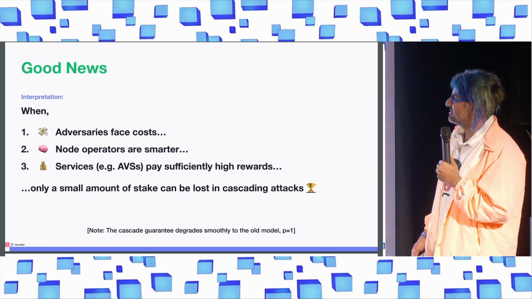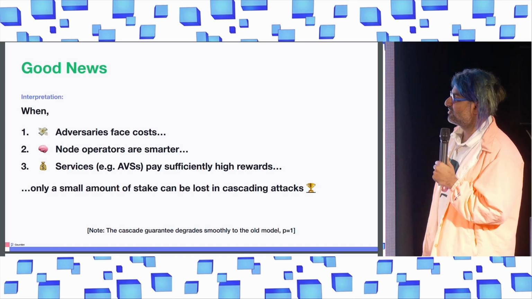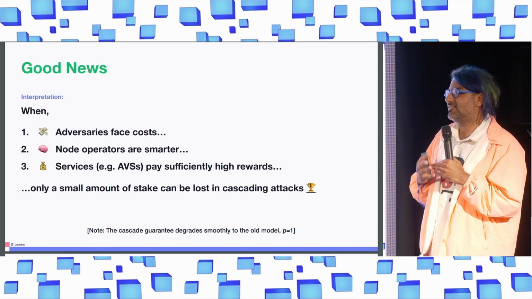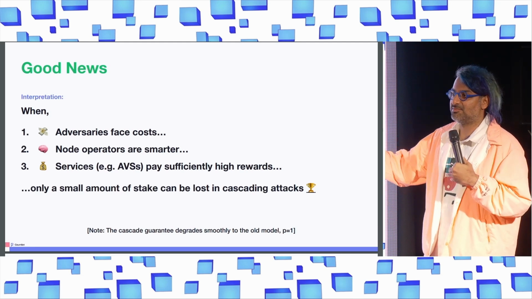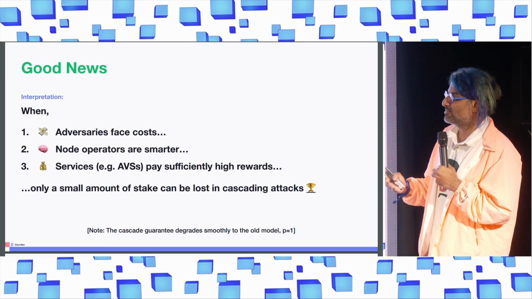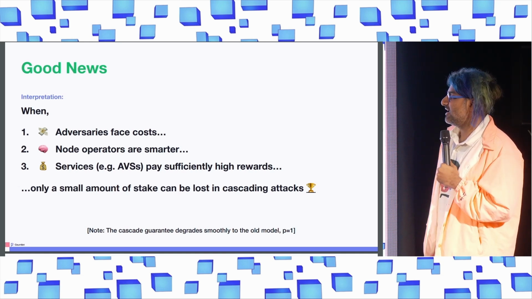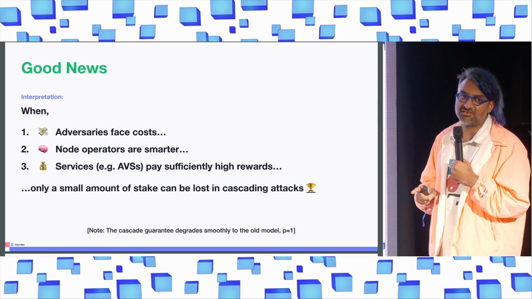The simplest interpretation, which skips a lot of exactly how this works, is that if adversaries who are attacking face some cost of attacking, like it costs them something to accrue stake in multiple networks, and if node operators are smart, they rebalance as slashes happen. And if the services pay enough rewards, only a small amount of stake can be lost.